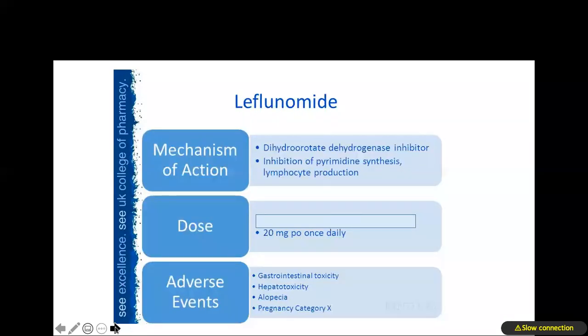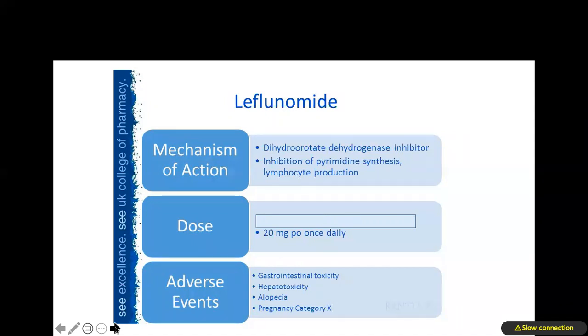So then there is another drug called leflunomide. Leflunomide is as good as methotrexate efficacy-wise. You give 10 to 20 milligrams per day. Again, it interferes with lymphocyte multiplication. The side effects are very similar to methotrexate, and the profile is similar, but the chances of you getting side effects to leflunomide are much lower than in methotrexate.